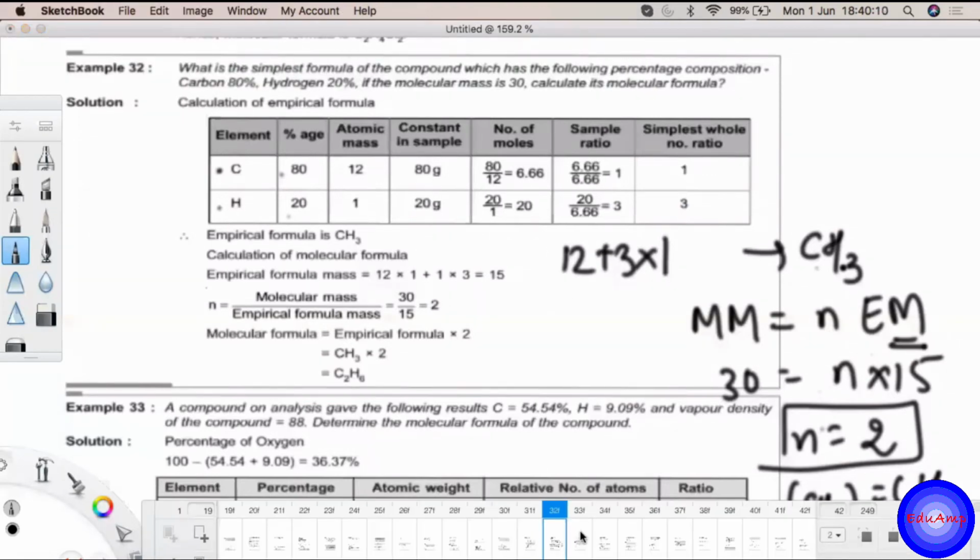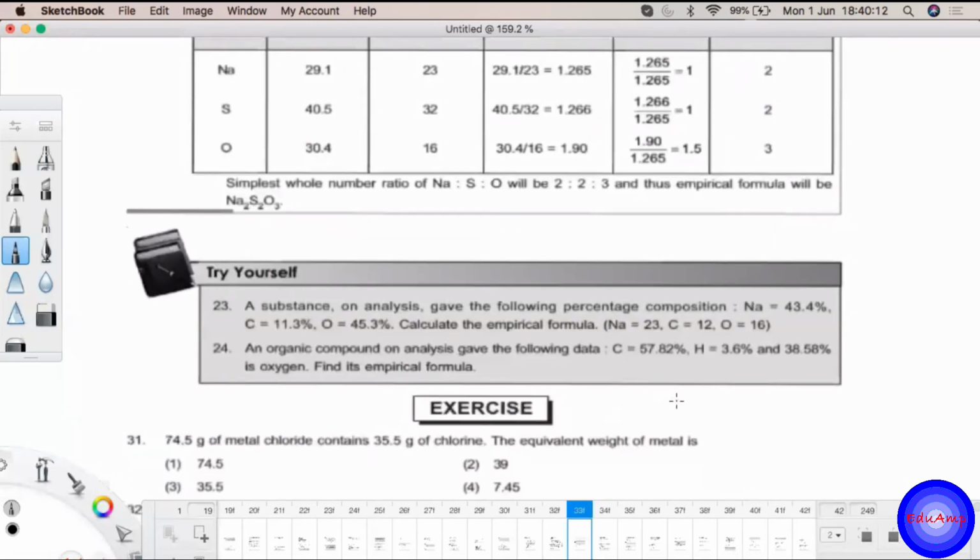Now, let's get to the second question. Somebody found the questions very simple. Now, can you see question number 23 and 24 and try yourself? I want you all to solve question number 23. Follow these steps. Everyone, please follow these steps. That will be easy for you. Drop your answer in the chat box. Is it too difficult for you guys? Do I need to solve?